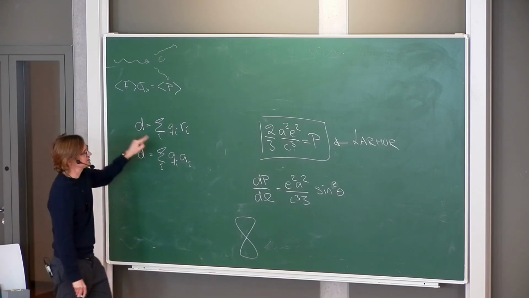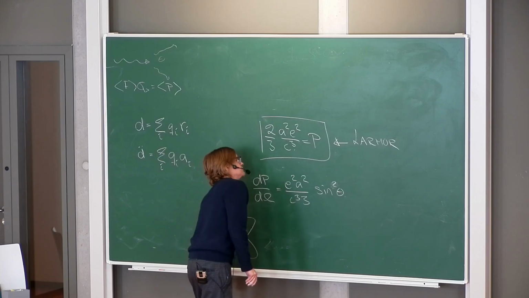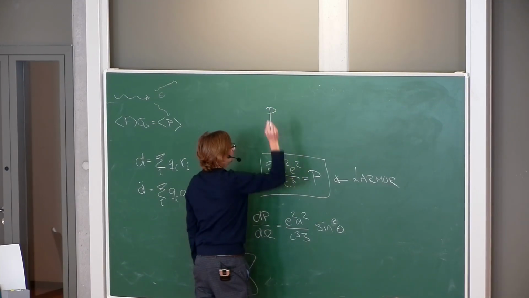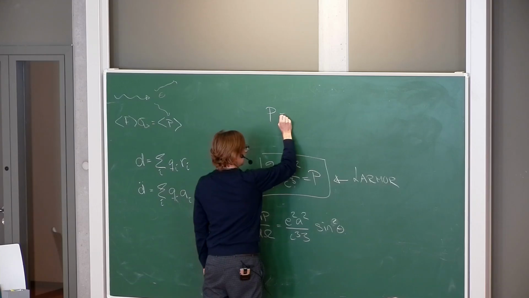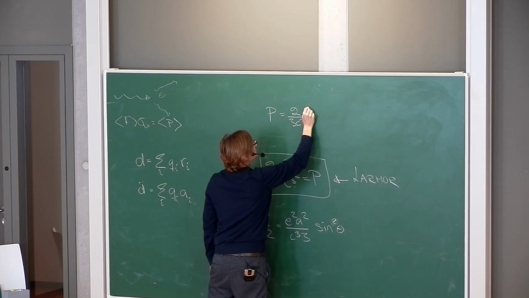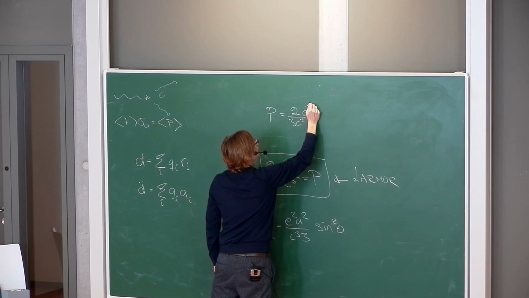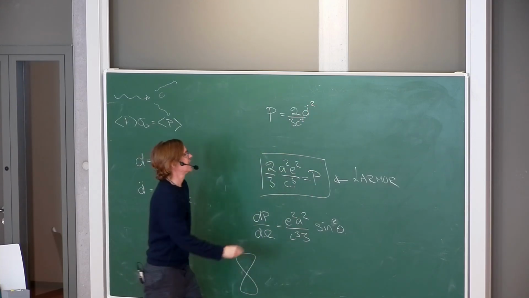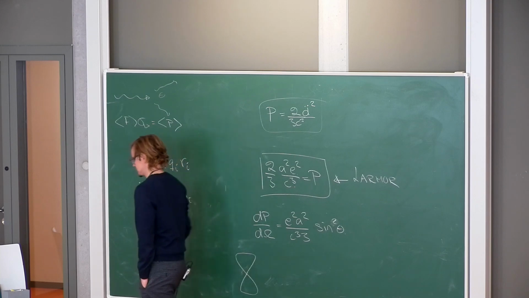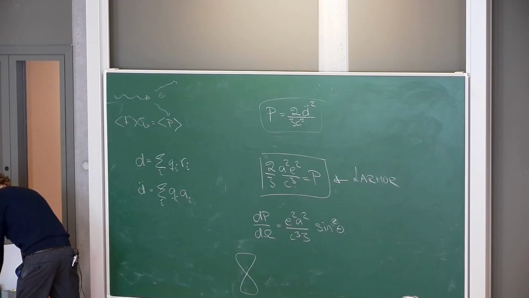And in this case, you can see that for such a collection of charges, we could also just write Larmor's formula as 2 over 3c cubed times d double dot squared, where d now is the dipole moment.